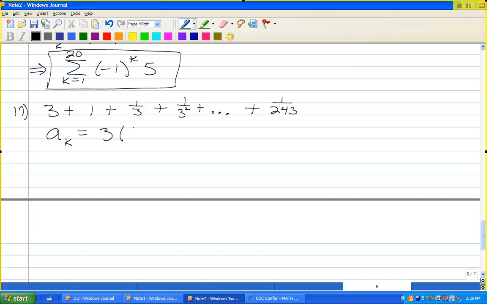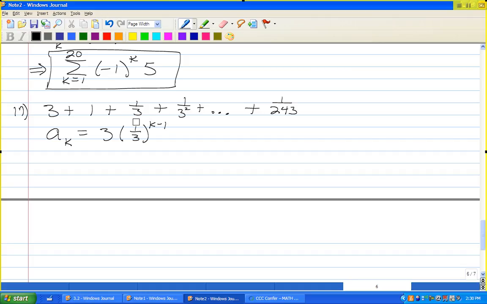And I kept multiplying by 1/3. Okay. And so if you plug in 1, you get 1/3 to the 0, which is 1, times 3 is 3. Plug in 2. 3 times 1/3 is 1. Plug in 3. Well, 3 times 1/3 squared, 1/9, is 1/3, etc.